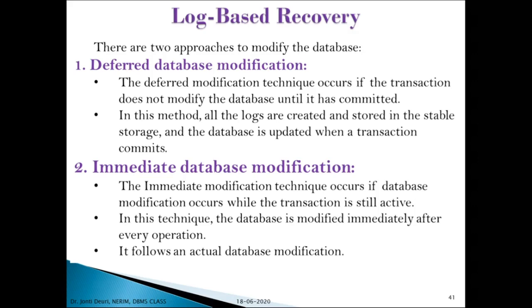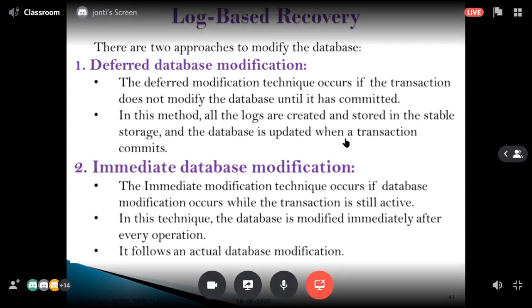In deferred database modification, if your transaction fails in the middle of the operation, the database is not going to be changed, because it didn't reach the commit statement, right? If it gets the commit statement, only then will it update the actual database.